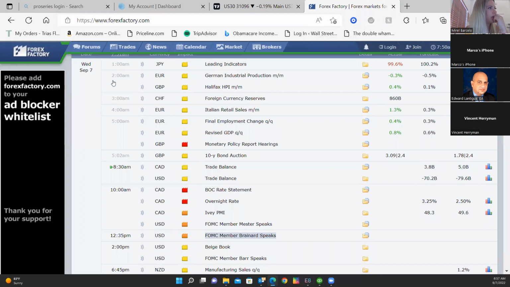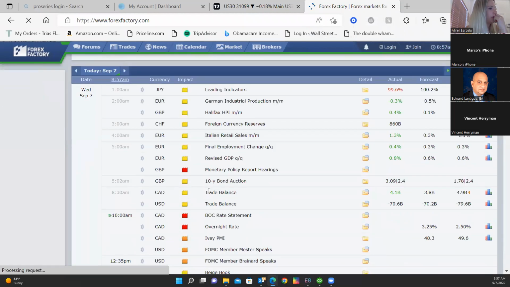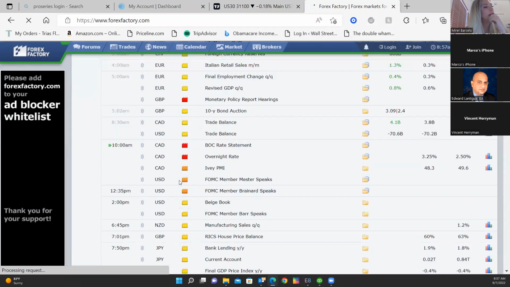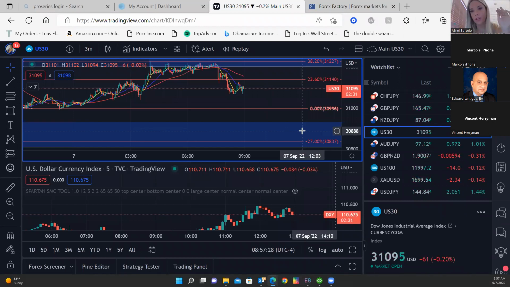At 10. Let me refresh this thing. Next news is 10, yeah, at 10. This is a little bit of higher impact because it's an orange folder. Orange and red folders make the market go nuts, especially red.